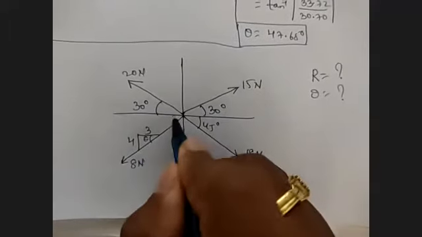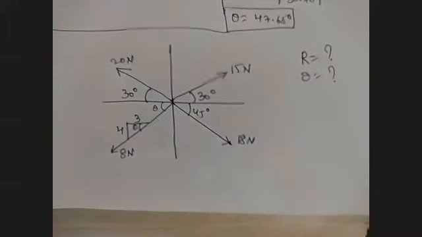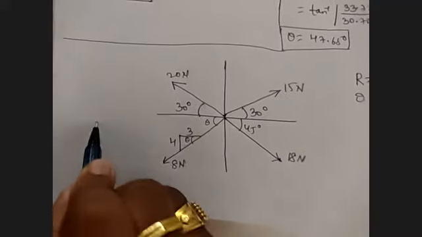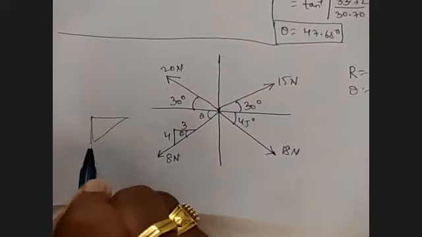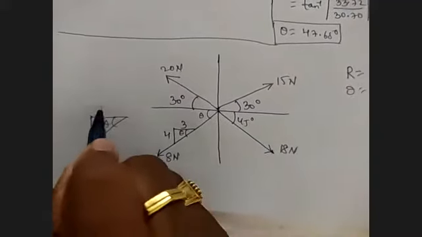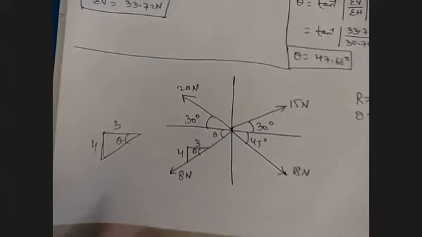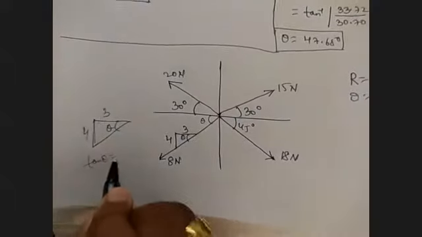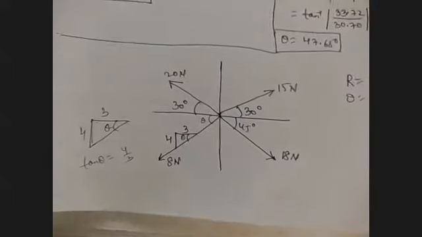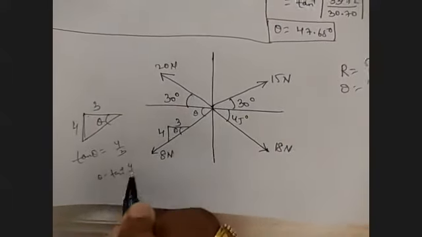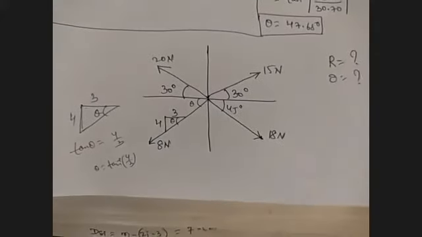If this is theta, this will be theta. Now I will draw a triangle here. This is how it is. If this is theta, if this is 4 and 3, now tan theta is equal to 4 by 3. Theta is equal to tan inverse of 4 by 3. This gives you theta.